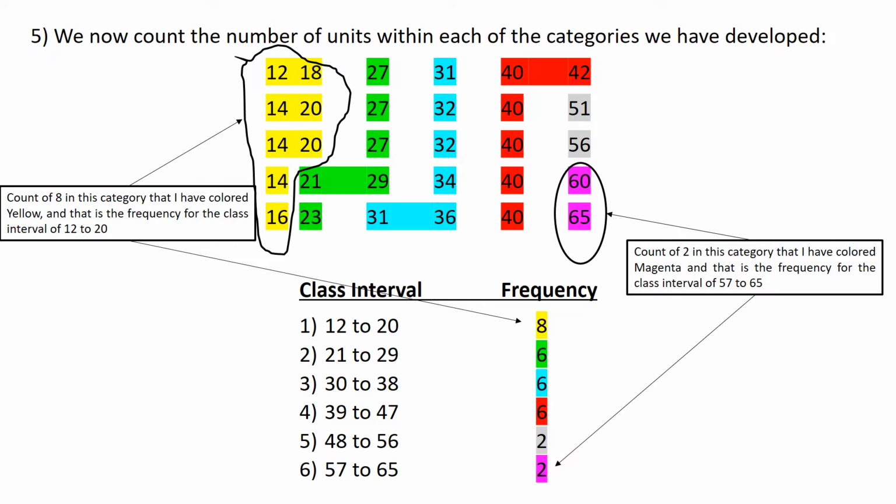And then 57 to 65, there's also 2. I'm looking at the number within each category, and that's what I've done here. We've got 6 different categories, separated by 9 within each category, and then I've counted the number of unique components within each one of these class intervals.